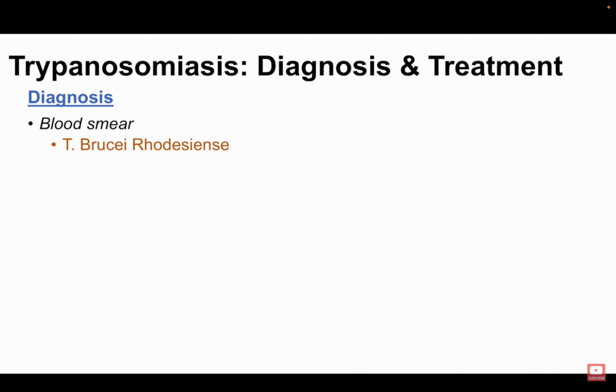And it can be positive in earlier stages, as Trypanosoma brucei rhodesiense can rapidly infect and rapidly proliferate in a patient. And to detect on a blood smear, typically we need to see at least 5,000 protozoa per ml of blood.